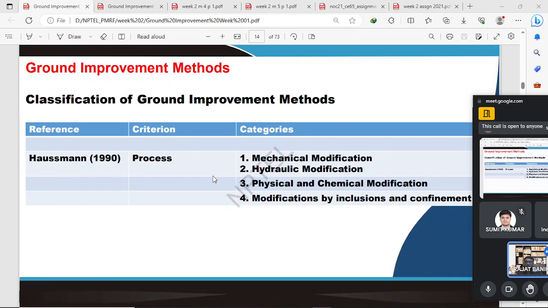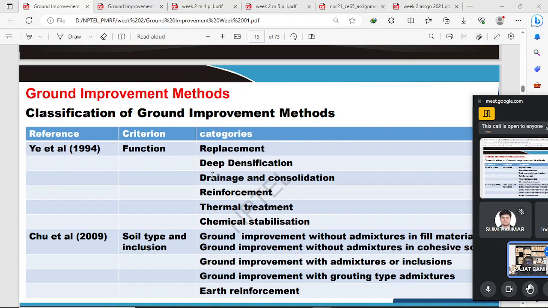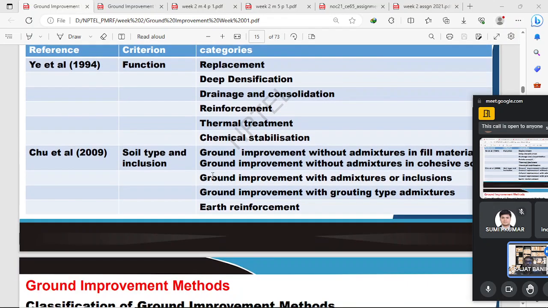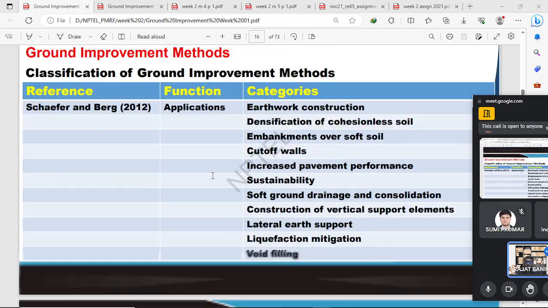There are also other scientists like Hausman, who gives it by process criteria, then Al et al., also by function criteria, and Chu et al., by soil type and inclusion.